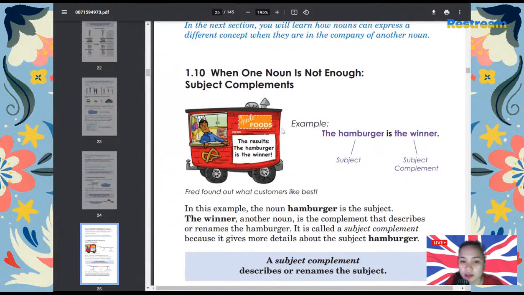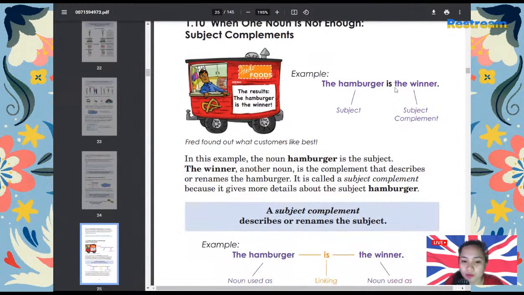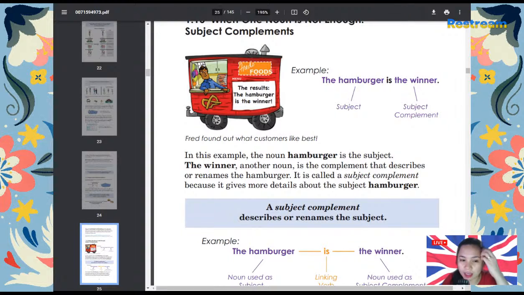In here, look, we have the subject, the hamburger, and the subject complement, the winner. So remember, when we say the subject complement, it is the complement that describes or renames the subject, Dhruv. That's what I was talking about earlier.